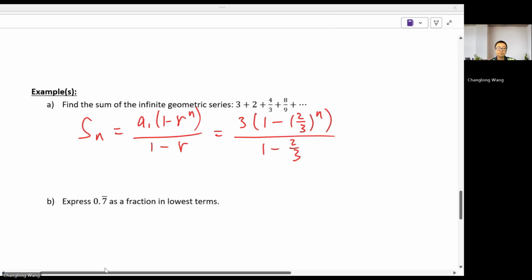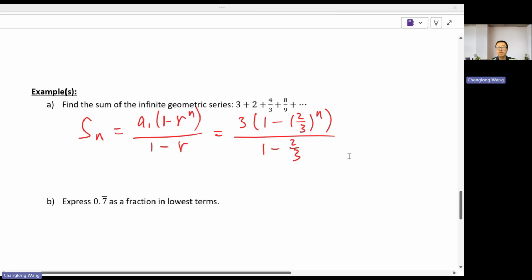Okay, let's see. I like the scientific version, just so you know. So I need the fraction that has 3 on the top, times 1 minus 2/3 raised to the power of something.